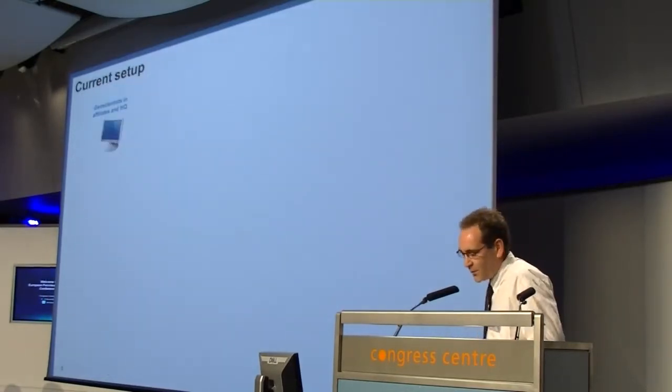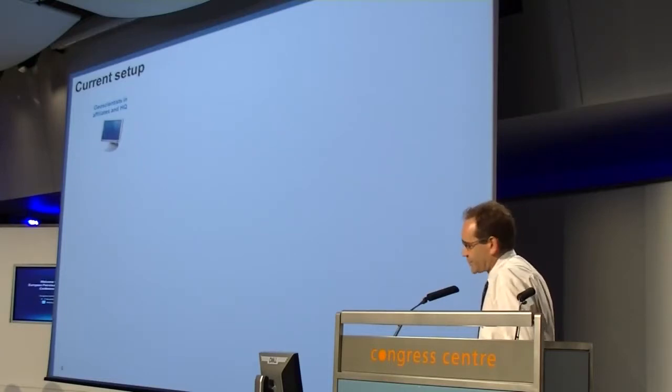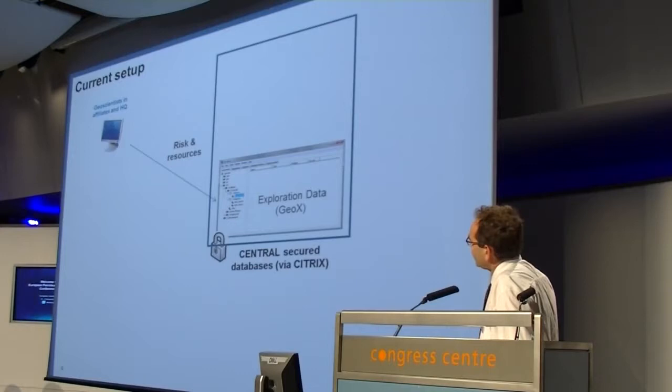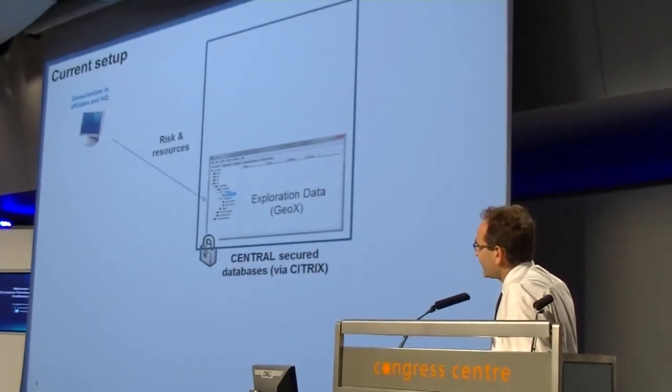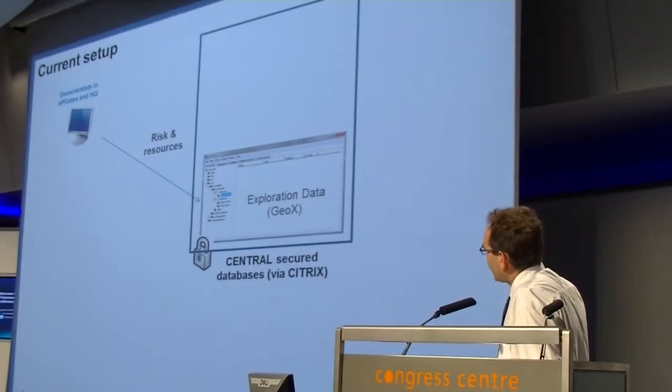So the current setup that we have around the exploration data: the geoscientists in affiliates and in headquarters, so the 300 users that we have around the world, access the GeoX database and evaluation tool, which is centralized in Paris.